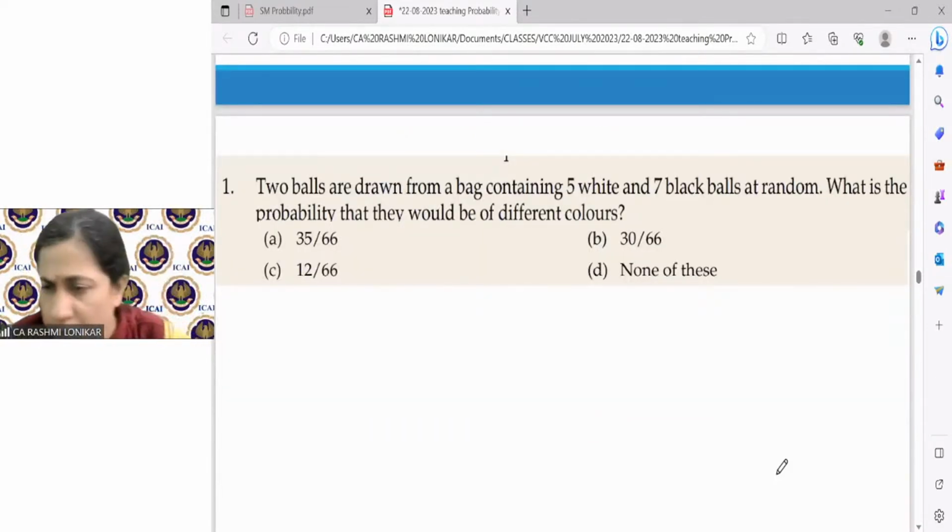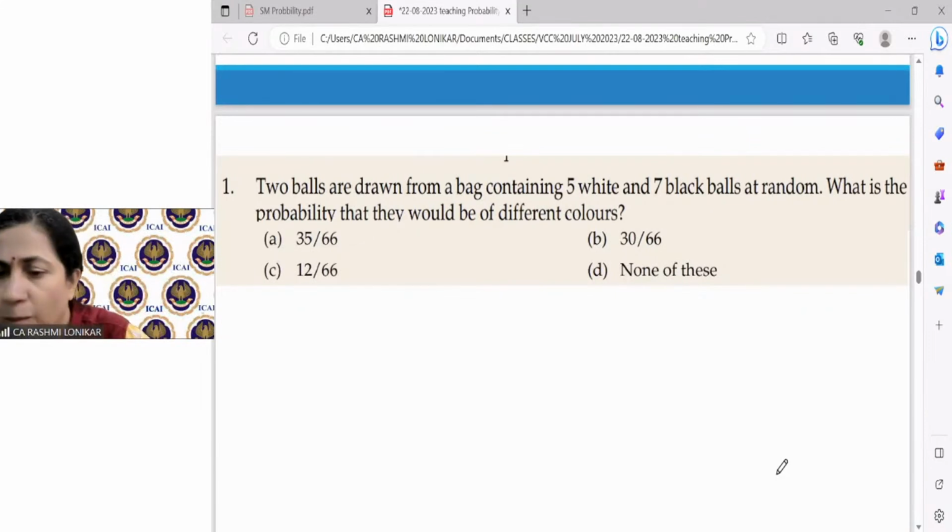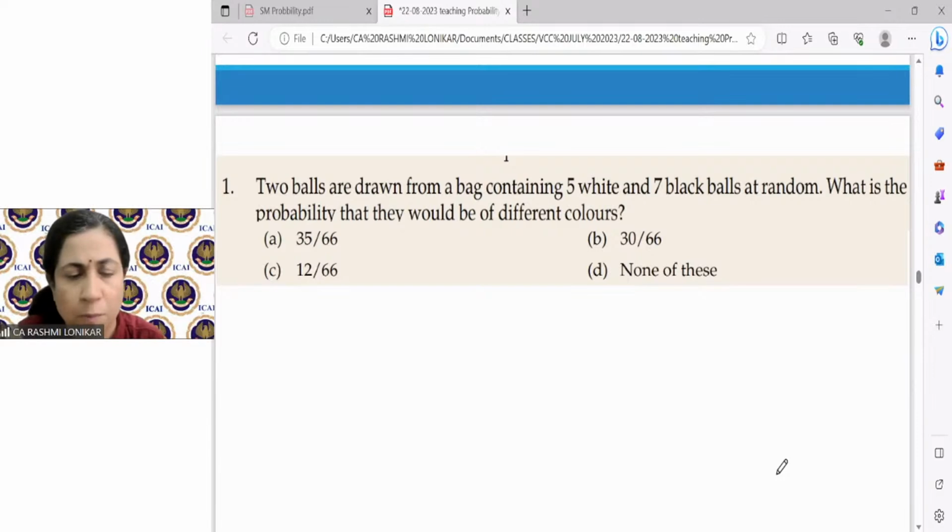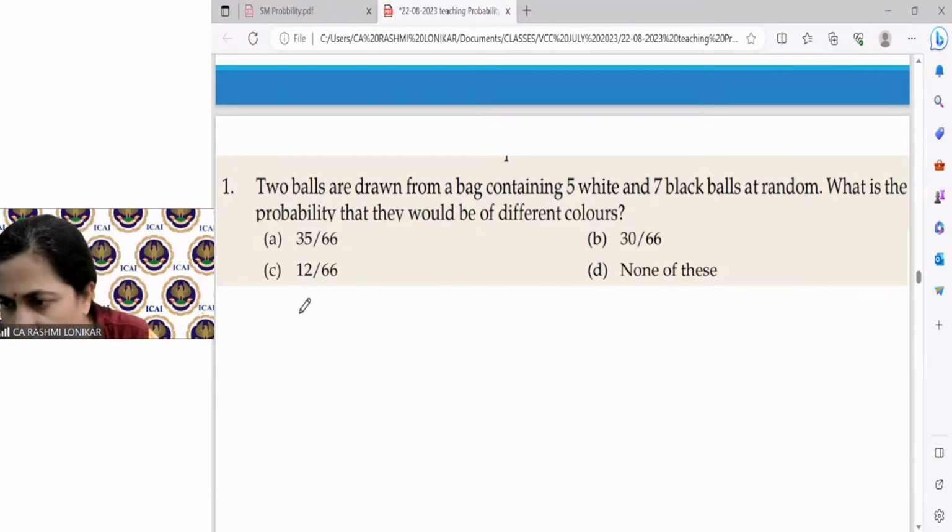Let us go to the problems now. 2 balls are drawn from a bag containing 5 white and 7 black balls.